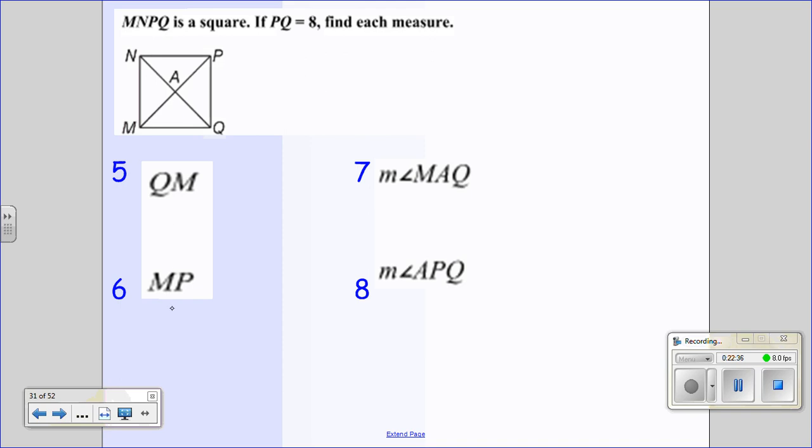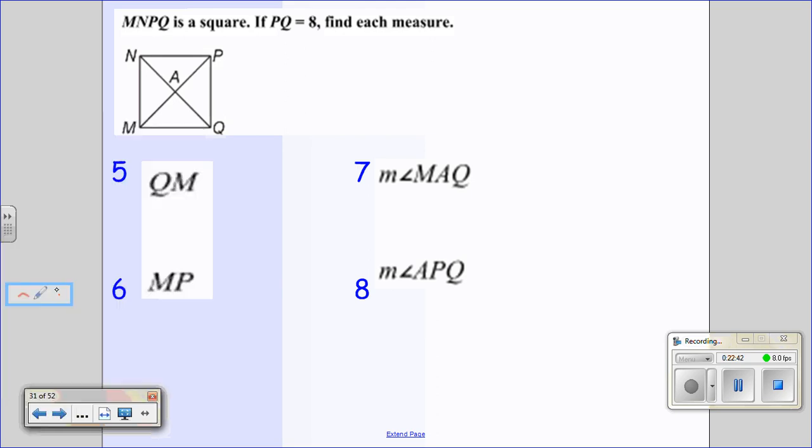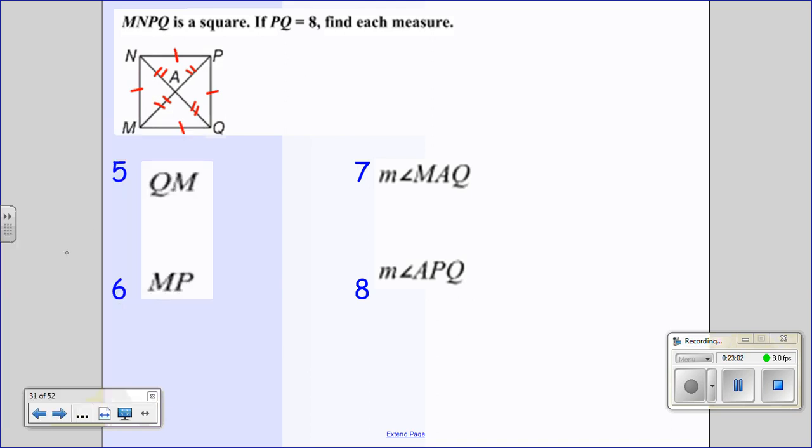For the next few, I will help you mark up the picture, but I would like for you to answer them on your own. Since it's a square, we know that all 4 sides are equal. We also know that all parts of the diagonals are equal. We also know that the diagonals are perpendicular, so we add our 90-degree boxes.